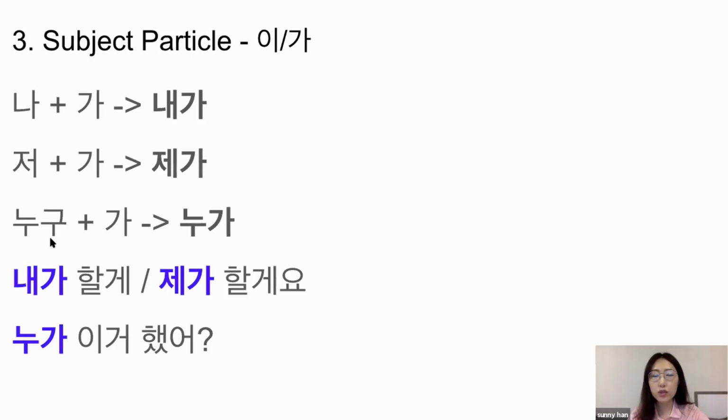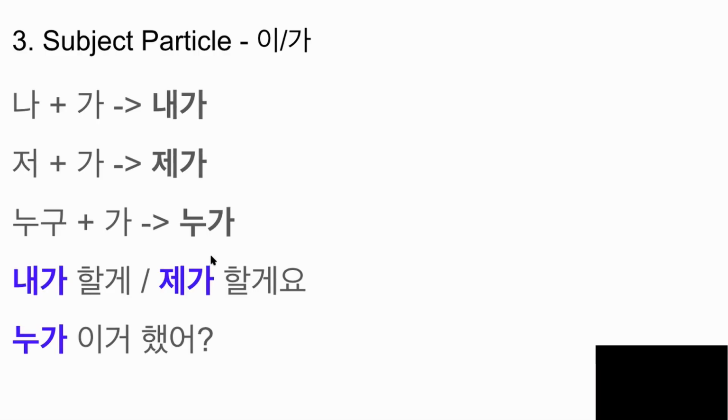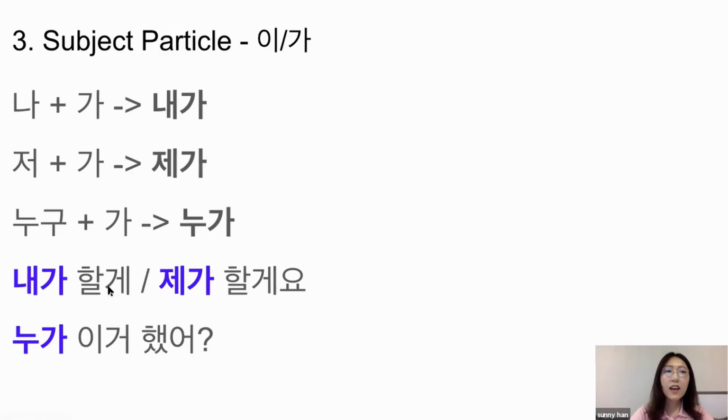누구 is who. So inside the phrase, sentence, we add 가 after the 누구. So it becomes 누가, 누가. This phrase meaning is I will do it.